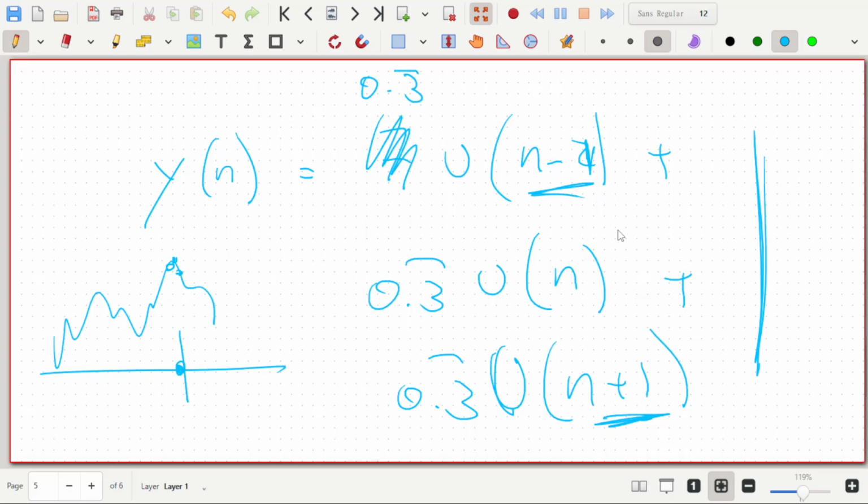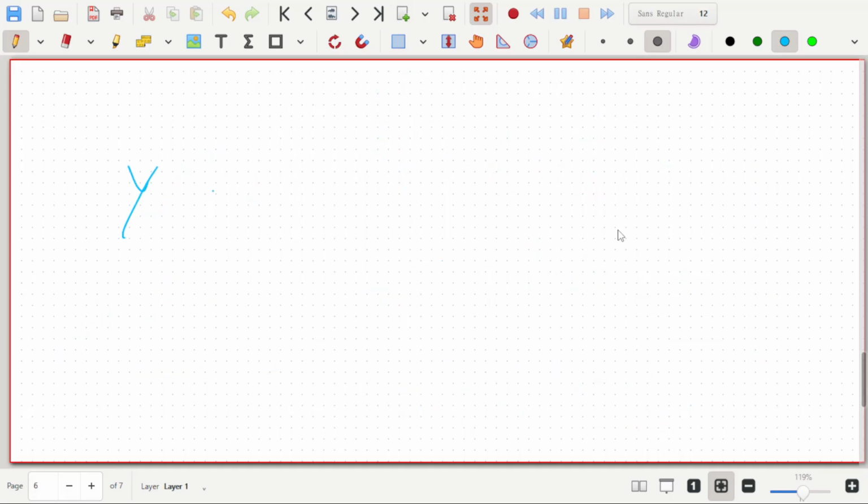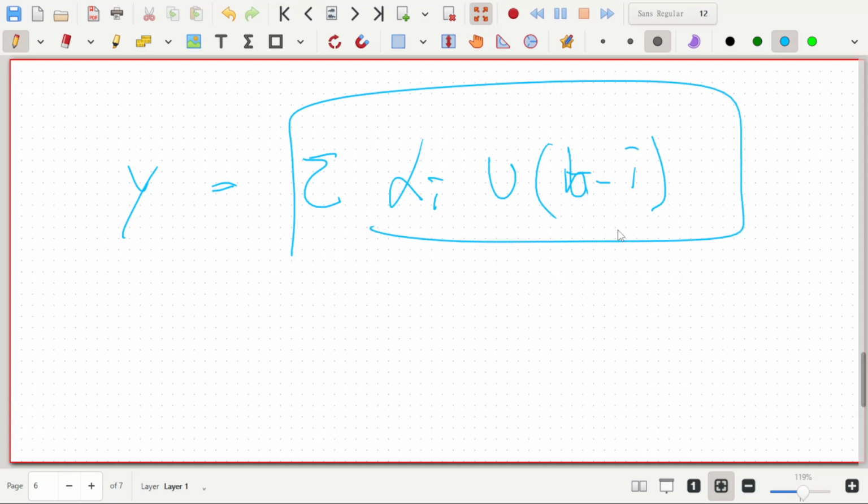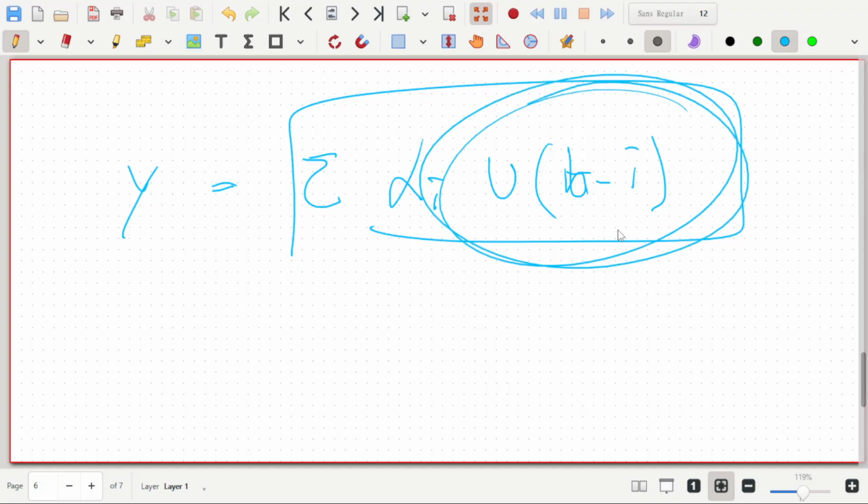Generalizing, y is equal to a sum of coefficients i times u at n minus i, or the derivatives. This is a moving average. Okay? We are averaging functions of the u's. Moving average in the sense that it's an average that is moving with time of what?